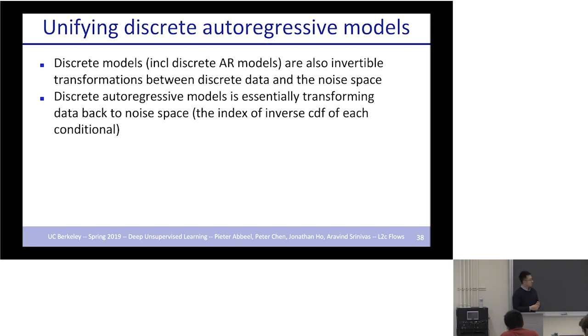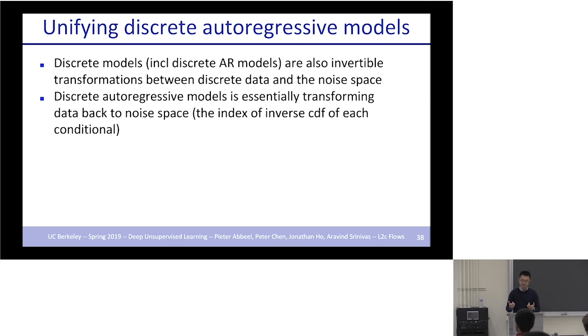One more note on flow. Flow is really a generalization of the discrete autoregressive models that we have seen. For the discrete autoregressive models, what is actually happening is you take some image in observation space, X space, and then you map it to Z. But in this case, the Z is basically the index of the inverse CDF of each of the conditionals. So similarly, you're just inverting everything back into noise space.